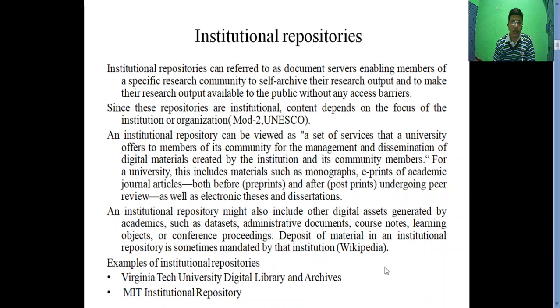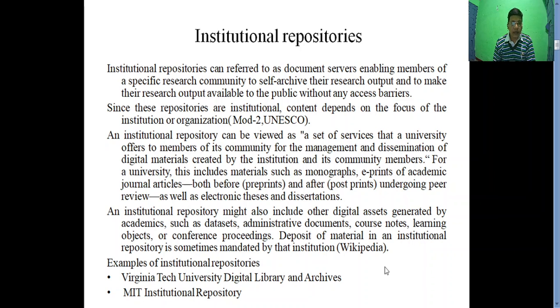Since these repositories are institutional, content depends on the focus of the institution or organization. An institutional repository can be viewed as a set of services that a university offers to members of its community for the management and dissemination of digital materials created by the institution and its community members.